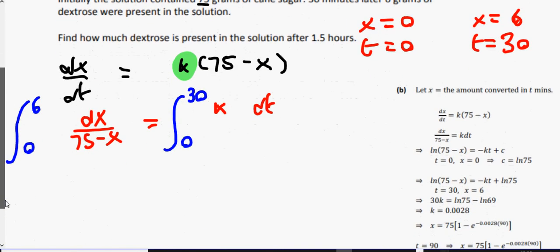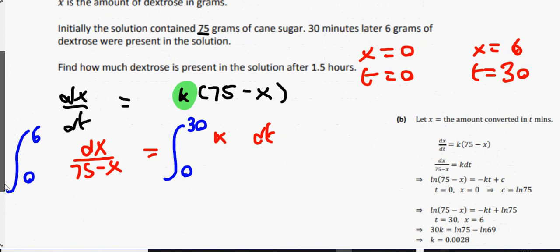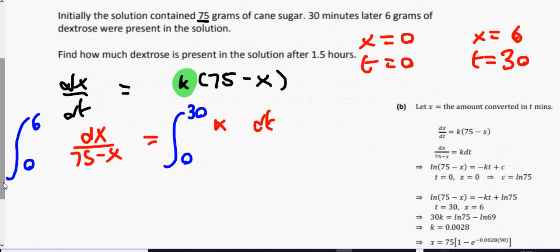I'm just wondering, for these questions, should you use the time in hours or minutes, or does it matter? Do you see the way it varies in the last question? I suppose I could just say that's t equals 90. Since it's a rate question, the rate would be grams per minute instead of grams per hour.